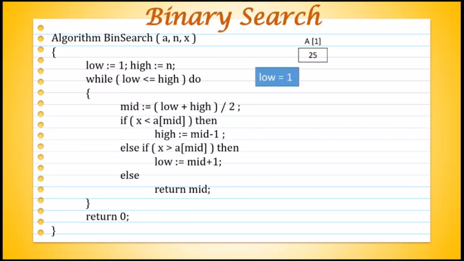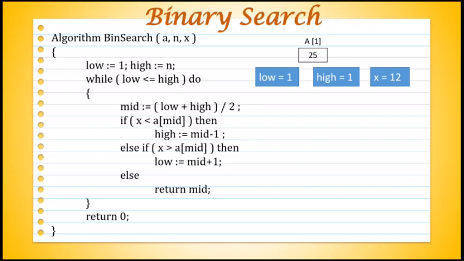Now low will be 1 because it is the starting position. Because there is only one element, high also will be 1. That is, the value of n will be initialized to high. So high equals 1, and suppose the searching element is 12, so x equals 12.